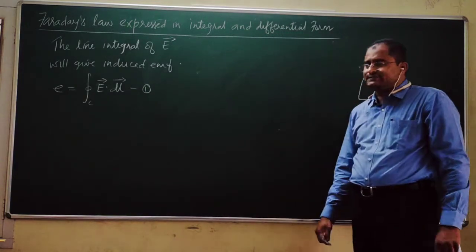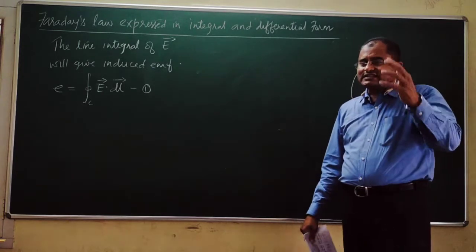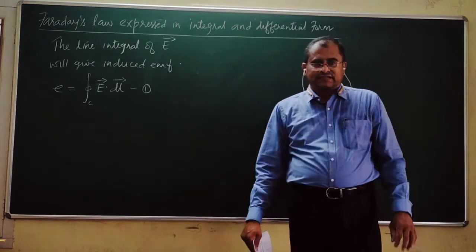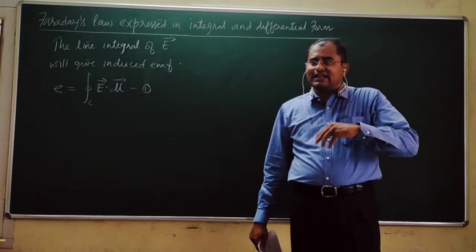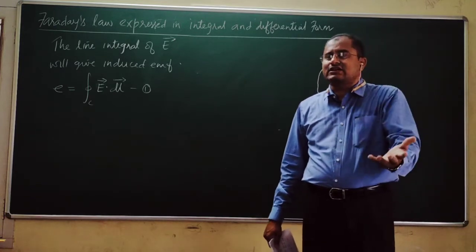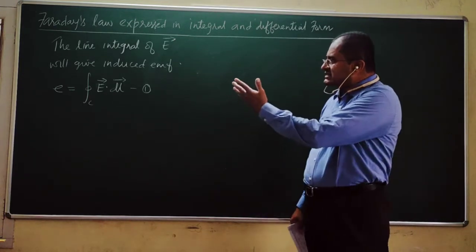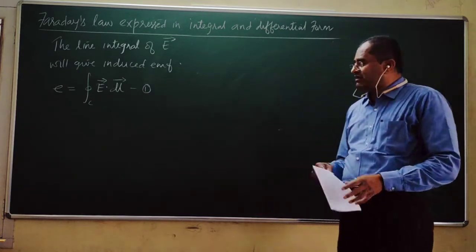I repeat that. Magnetic flux linked with the circuit, when it is changing, will induce an electric field. When you take the line integral of the electric field, it will give you induced EMF.